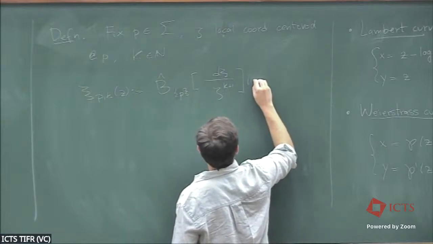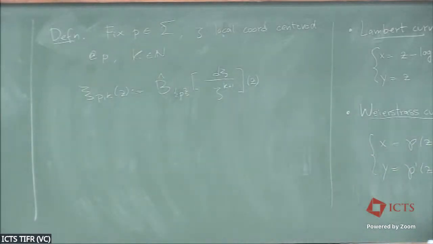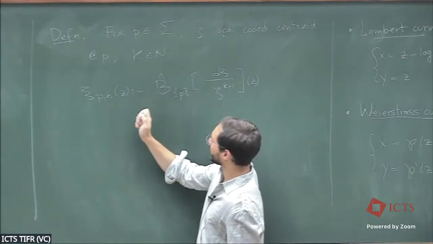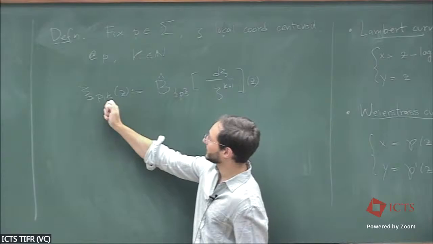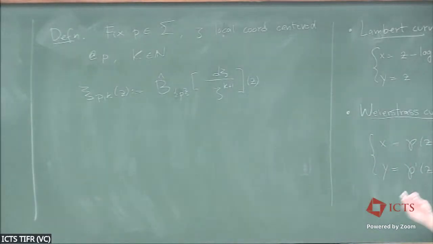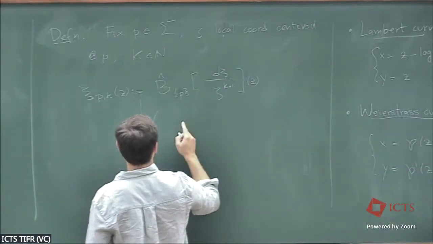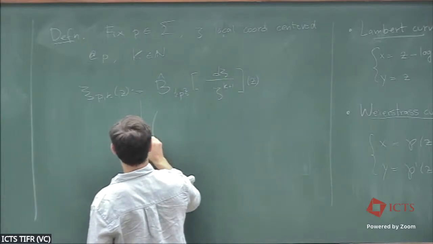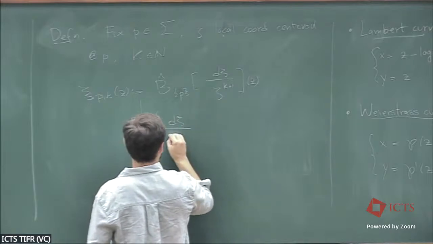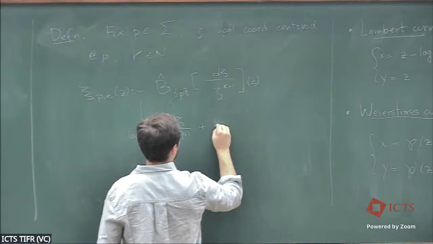Okay. This is the definition of a differential that is uniquely specified by our choice of omega 0,2, this integer k, and the point P. Essentially by definition, it is a differential that locally at P behaves like d zeta over zeta to the k plus 1 plus something holomorphic.